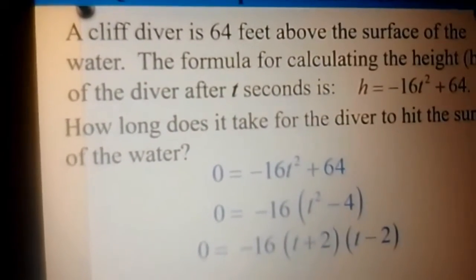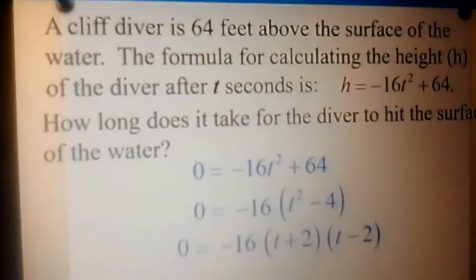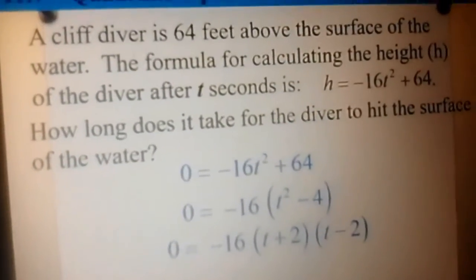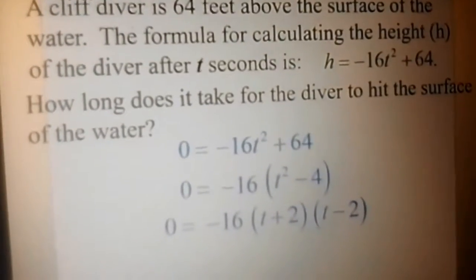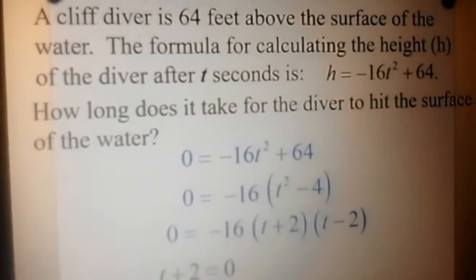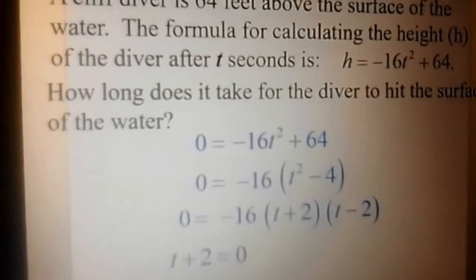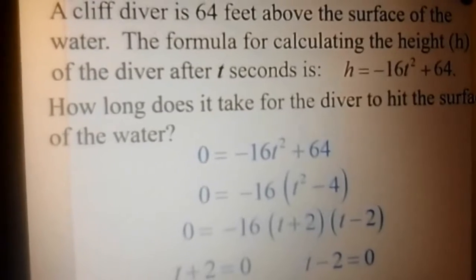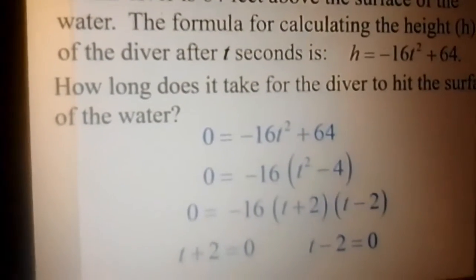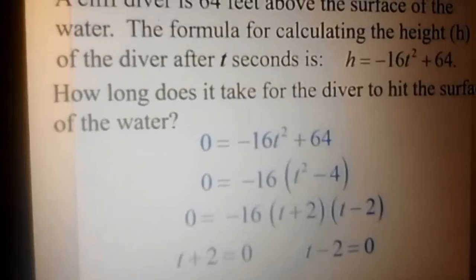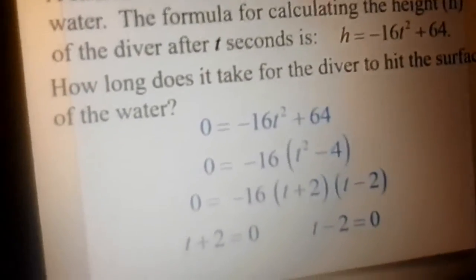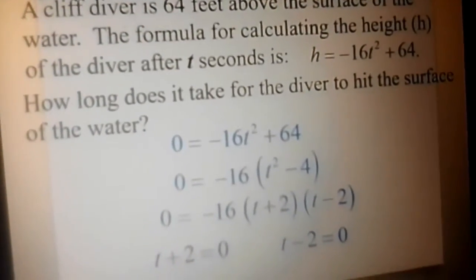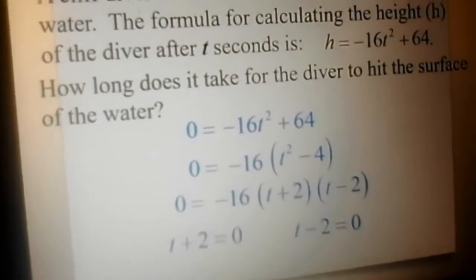We simplify the equation to get the time when the height is equal to 0. So, we have t plus 2 equal to 0, and another one, t minus 2 equal to 0. Negative 16 would be divided on both sides, since we have 0, it will equate both sides with 0.